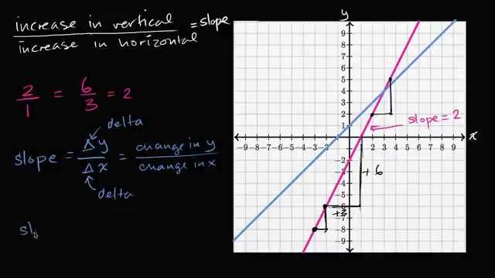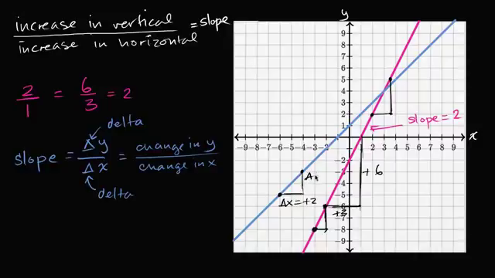Let me do it this way. Let's start at some point here, and say my x changes by 2, so my delta x is equal to positive 2. What's my delta y going to be? What's going to be my change in y? Well, if I go to the right by 2, to get back on the line I have to increase my y by 2.